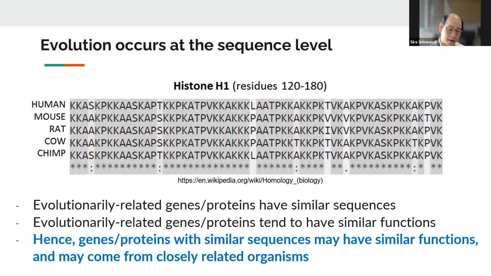In later lectures of this course, you will find a more advanced way to annotate gene and protein function using sequence similarity. But for now, let's focus on the idea that if you can find similarities in sequence, then you can make predictions about gene and protein function.